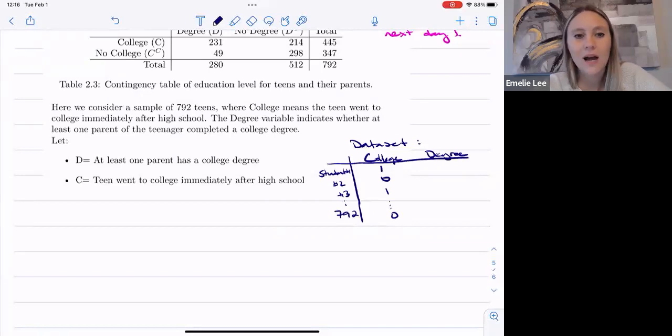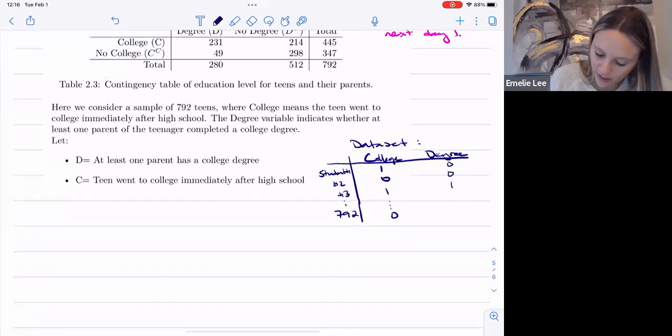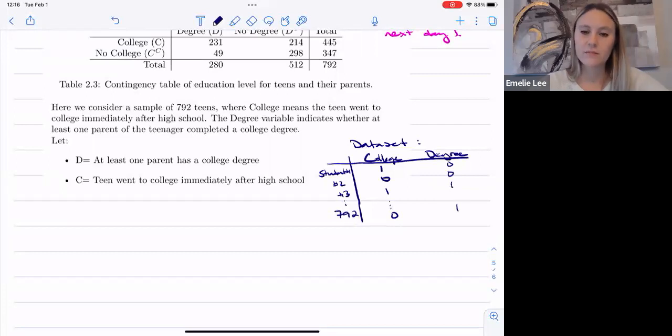And again, the degree variable: did at least one of your parents complete a college degree? Yes or no, right? So as soon as we have these yes or no answers, we're going to denote those by zeros and ones, and we call those binary variables. And so for degree, maybe 0, 0, 1, 1.